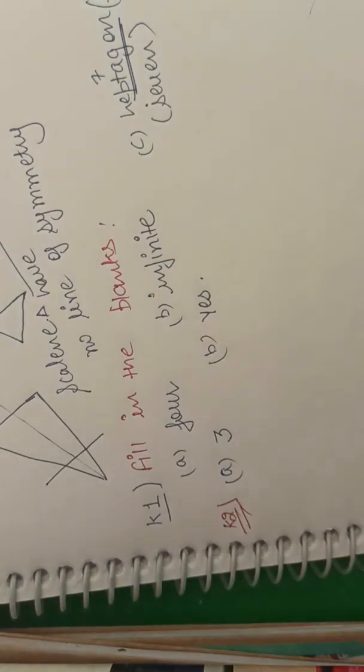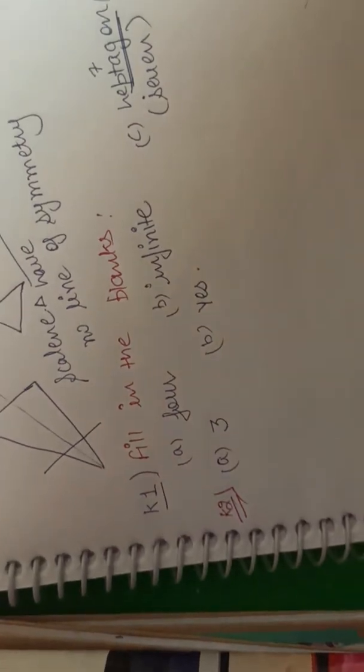Now K3, which of the given letters have more than one line of symmetry, right? So in K3 what we have to do is find in the given alphabets which alphabet has more than one line of symmetry.